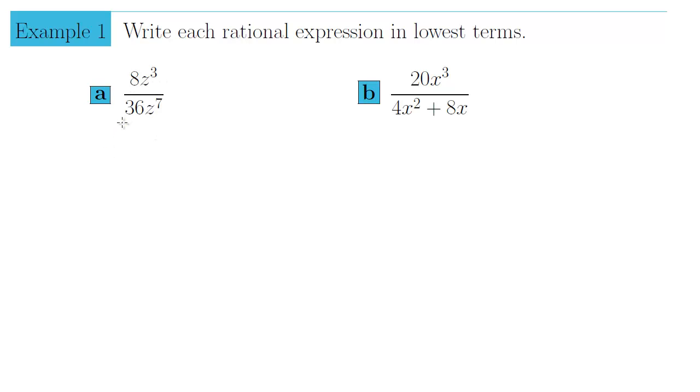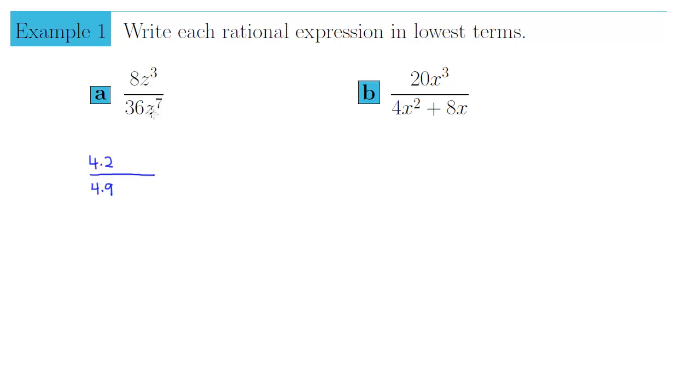8z cubed in the top, 36z to the 7th in the bottom. Let's start with the 8 and the 36, the coefficients. What number divides or is a common factor of both 8 and 36? Well, notice 8 can be written as 4 times 2, and 36 can be written as 4 times 9. 4 is a common factor to both of those numbers.